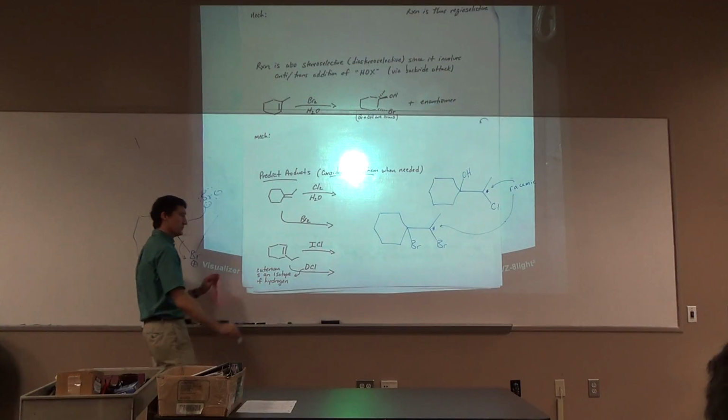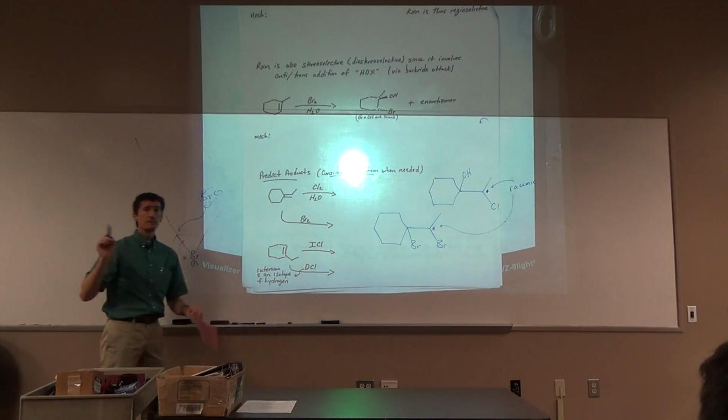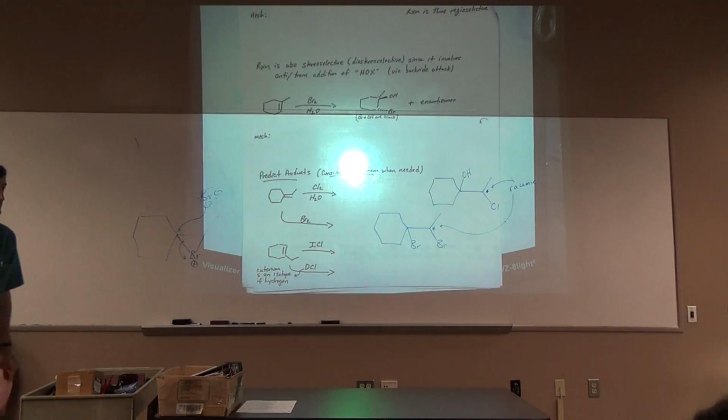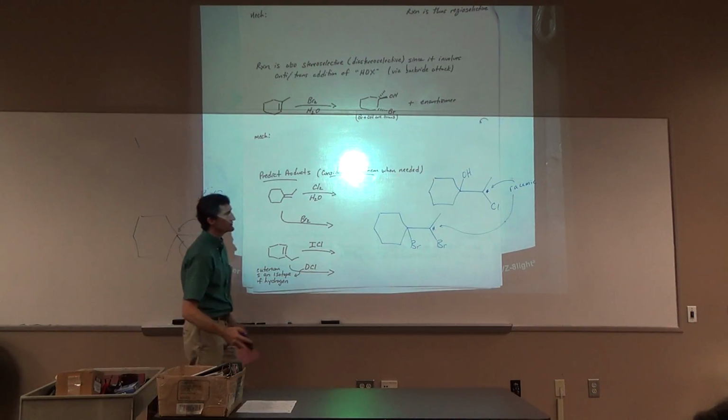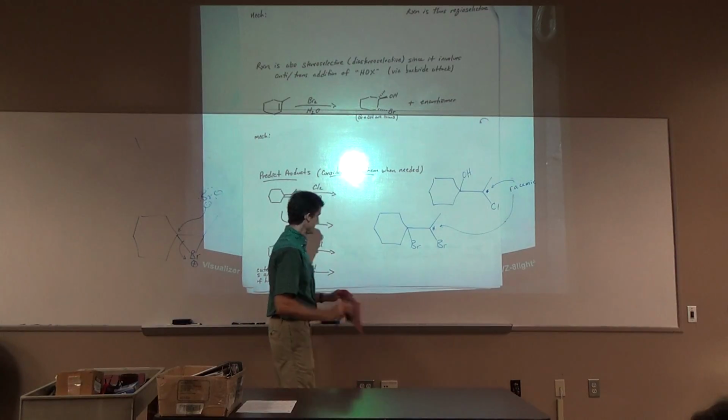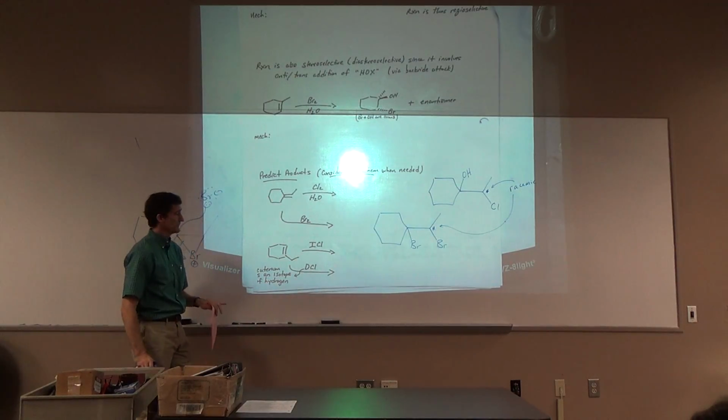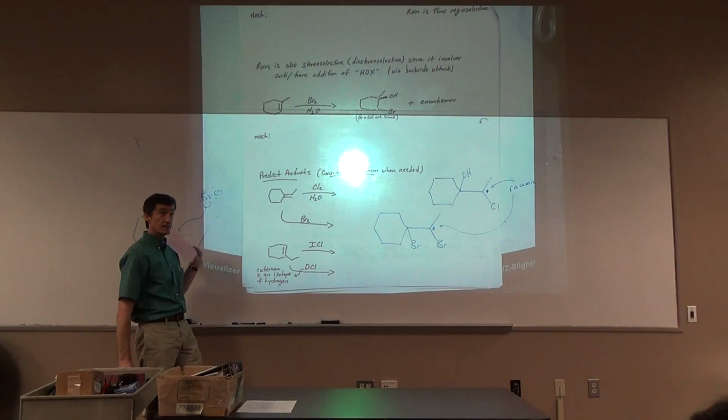So many times you'll see a reaction done with deuterium because it allows for stereochemistry. But it's the same as if it's HCl. And that was actually a reaction we looked at 2 days ago, right?